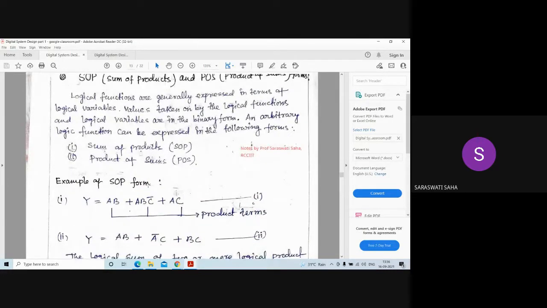Now, the next topic is sum of product and product of sum form of the output expression or Boolean expression.